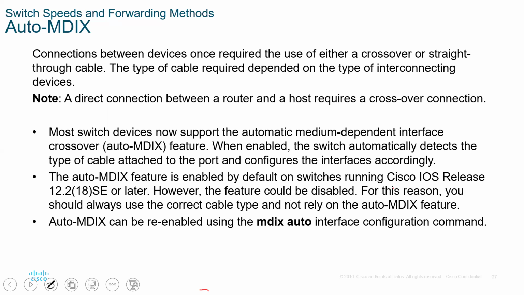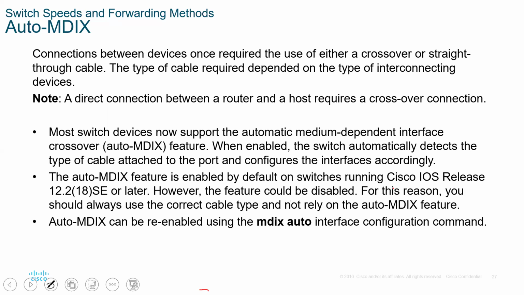So auto MDIX actually helps in conversion. If I'm using a straight through instead of a crossover and auto MDIX is configured, the device will automatically adjust its own setting so that the transmission can go on, even though I'm using the wrong cable.